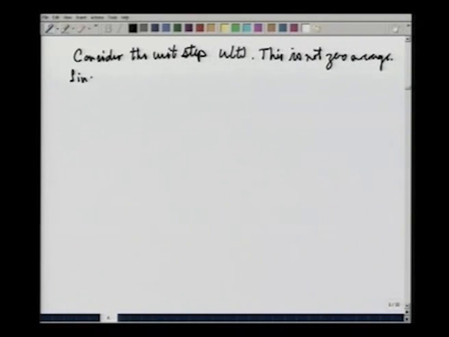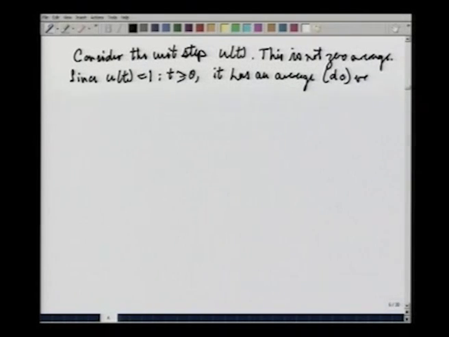Since u of t equals 1 for t greater than or equal to 0, it has an average value or DC value of half.